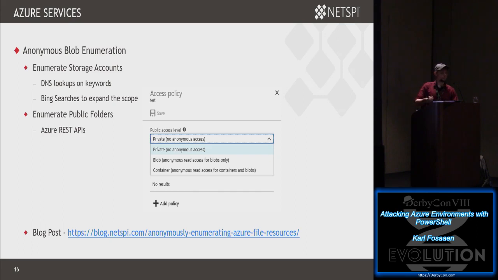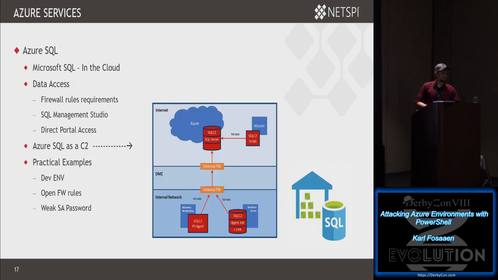So do some DNS brute forcing, potentially add a Bing search to that to identify additional storage accounts, and then iterate through potential containers at that point. Once we've identified a public folder, we use the Azure REST APIs to actually list out the files, because that's about the easiest way to do that. But like I said, we frequently find public containers with just all sorts of interesting information.